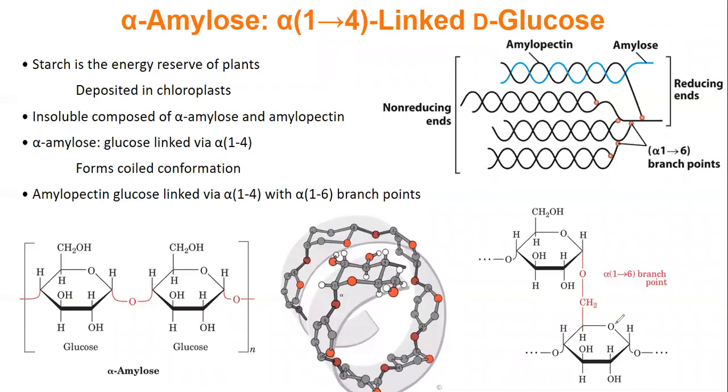And the reason for this is quite clever. Starch is the glucose storage supply for plants. To release the glucose, plants have an enzyme that chops off glucose from the non-reducing ends only.